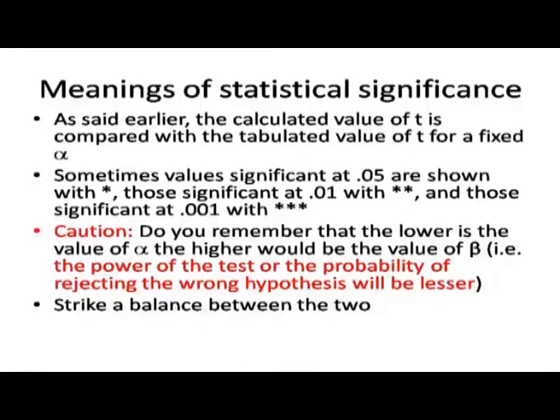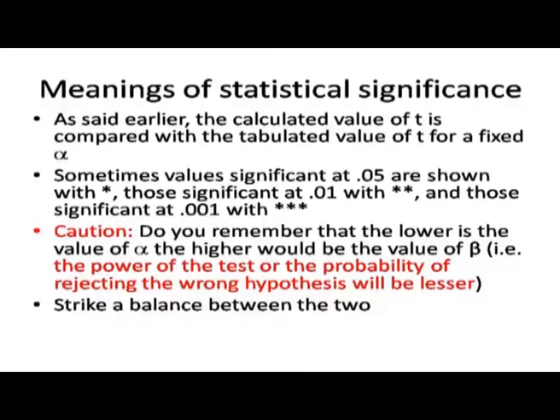Although we have discussed the meaning of statistical significance, to clarify the matter again, the calculated value of t is compared with the tabulated value of t for a fixed alpha.